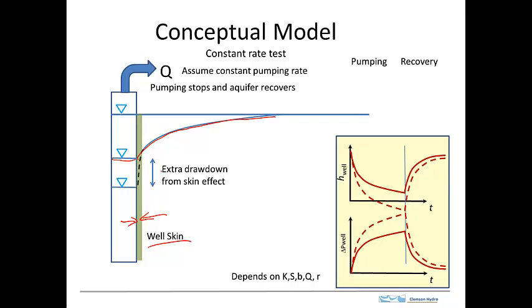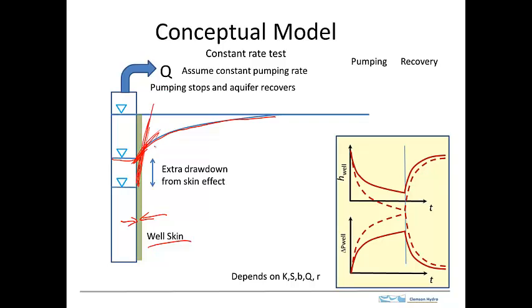And as a result of that lower hydraulic conductivity, the head gradient in this skin layer is steeper than what it would be if the skin was not there. And so that's the gradient, that's the slope of the head with the radial distance that we would expect under ideal conditions, but actually the slope is like this. So it's much steeper.